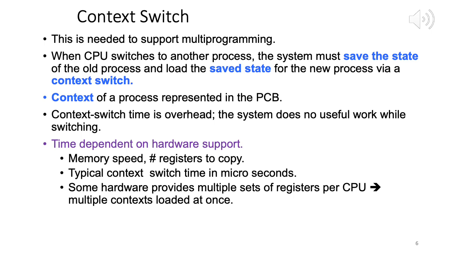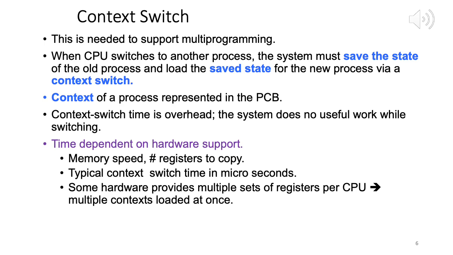So context switch time is overhead. The system does no useful work while switching. So while saving the state and reloading the state, this is overhead. CPU is idle. Okay. So how much is the context switch time? It depends on hardware support, speed of the memory, because you have to copy things like registers.